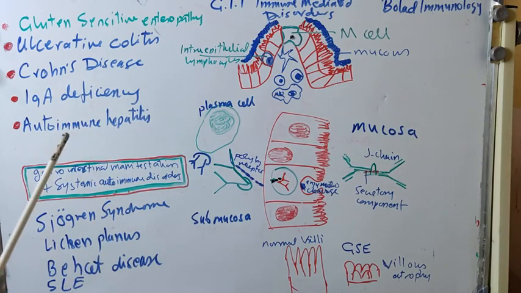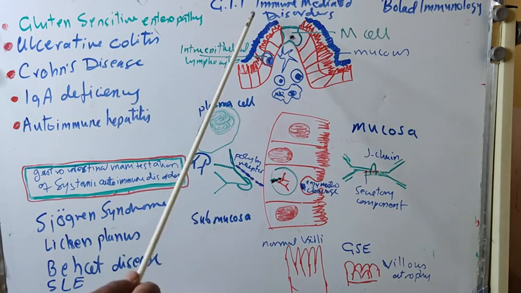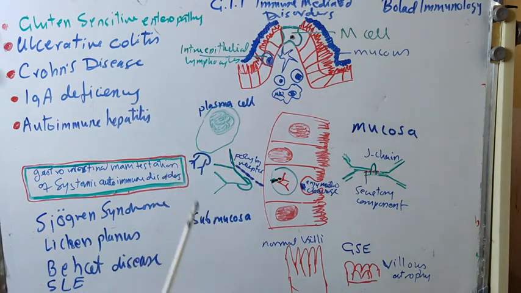Today I'm going to talk about gastrointestinal tract immune mediated disorders. As can be seen here, this is the mucous membrane and the villi are lined by epithelial cells.